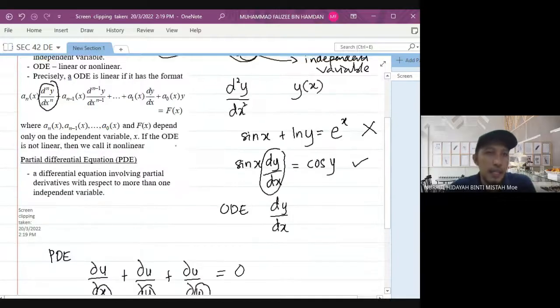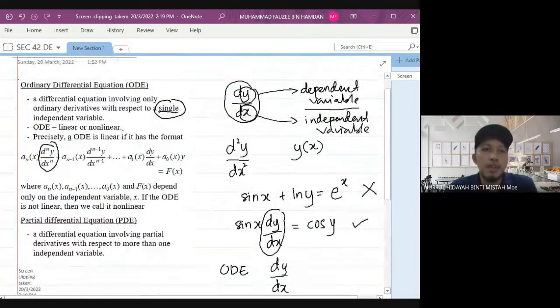Okay, next is linear or non-linear. For ODE, we can categorize into two types of equation, either linear or non-linear. We only focus on the ODE here.